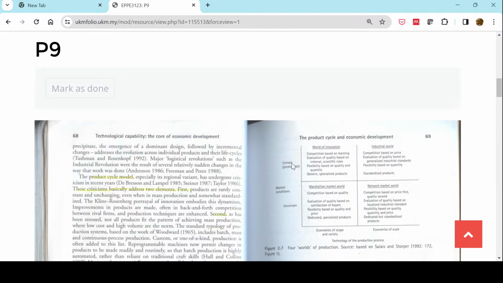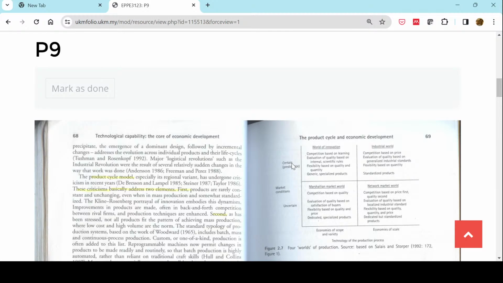We want to focus on this in this class in juxtaposition, in opposite from this corner, world of innovation, which is predictable and unpredictable. So we look at that one.